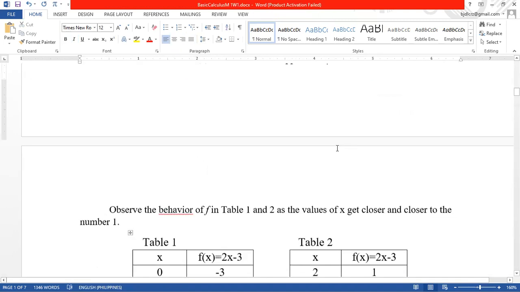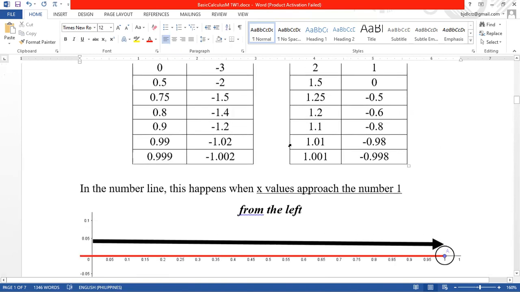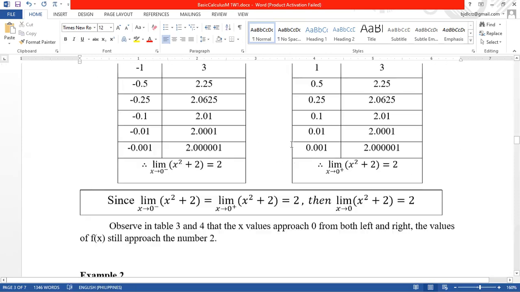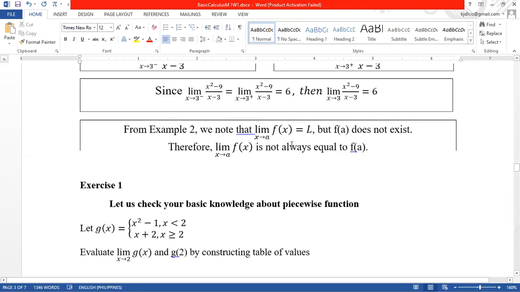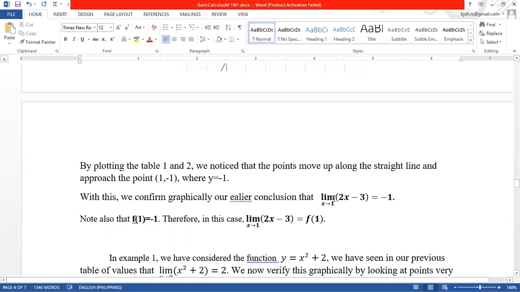So ang ato ang f of a or f of 1 is equal to negative 1. So same answer sa ato ang limits. So same silang answer sa ato ang limit of 2x minus 3 as x approaches 1. So ingani na to pagbutang. Therefore, the limit of 2x minus 3 as x approaches 1 is equal to f of 1.